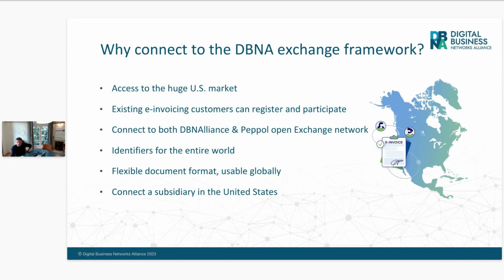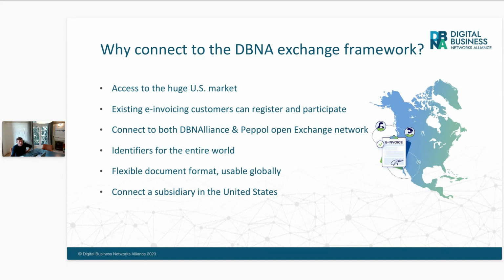Existing e-invoicing customers can register and participate. With that, we mean other e-invoicing customers that are already, for instance, connected to the Peppol network or to other networks like, again, Tungsten, SAP Ariba, Coupa. You can connect to both networks. As I said, double registration.